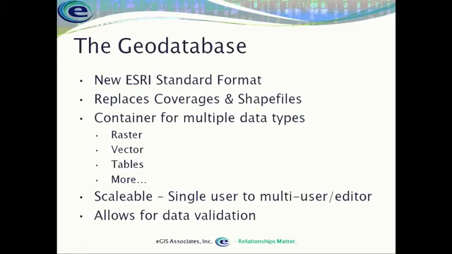So that when we perform our analysis, we know the results that we get are also correct. The old saying, garbage in, garbage out applies. Well, if you don't know where your garbage is, you don't know if you're getting garbage out. And those validation rules that we can apply with a geodatabase ensure that we're not getting garbage out.